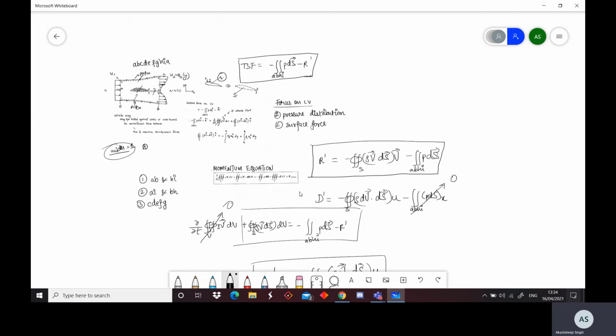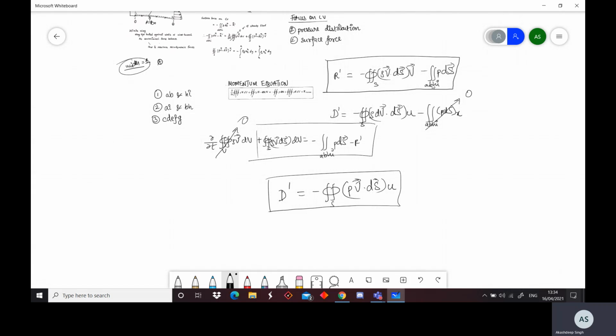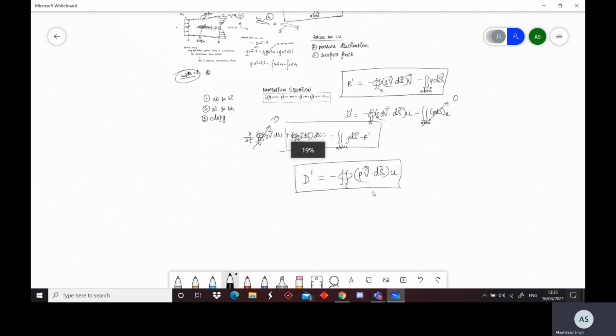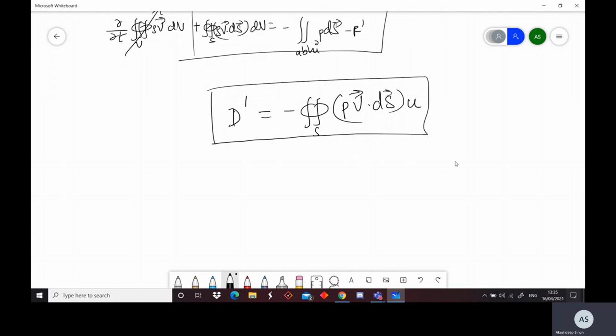The second step was to use the momentum equation and derive a relation between R and the velocity, the integral relation between the surface integrals and all these important terms, and finally reduce it using some assumptions and the fact that pressure is constant. We have come down to this simple integral equation: drag per unit span is equal to this. Now we'll further simplify it, which will be the third step.